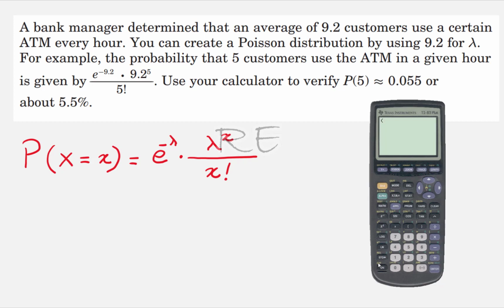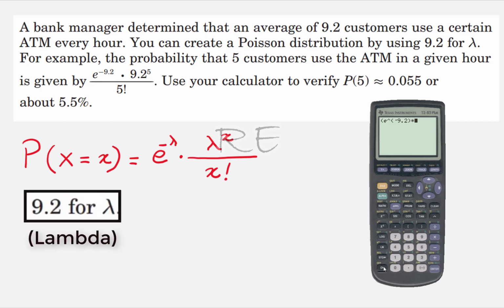We open up the parenthesis. We look for second function ln, which is e, and e to the negative lambda, minus 9.2, times lambda, which is 9.2, to the x, which is 5. Exponent 5.